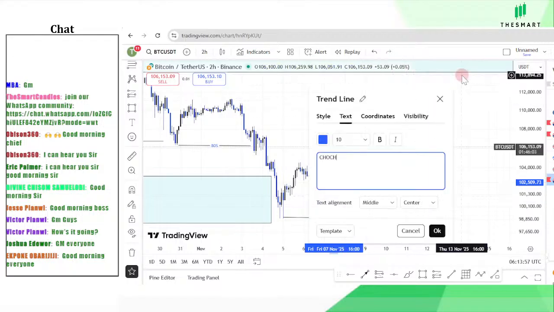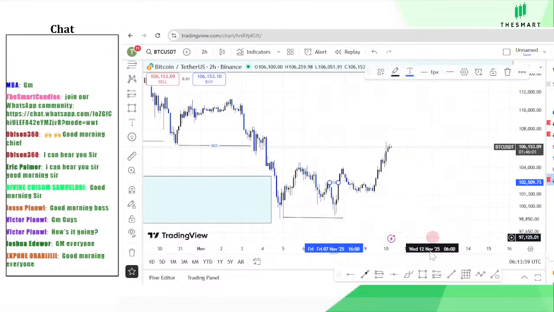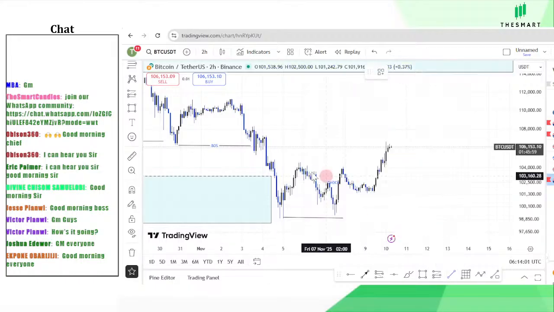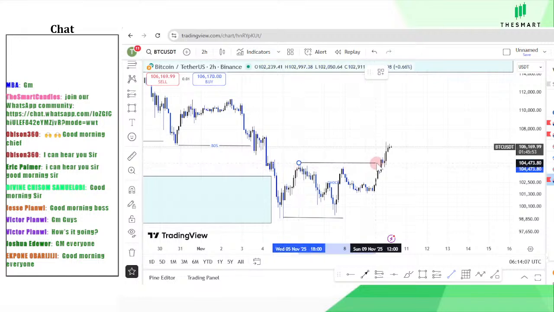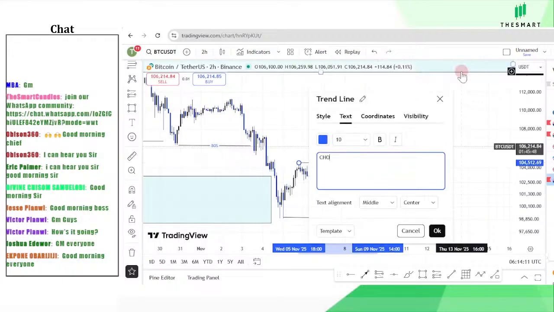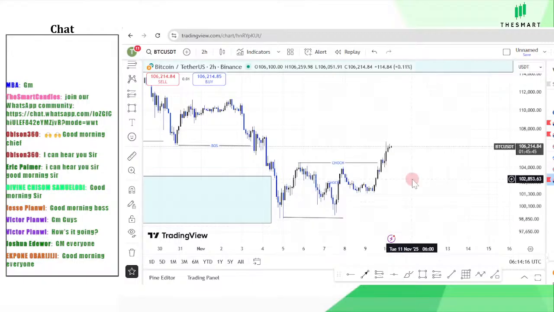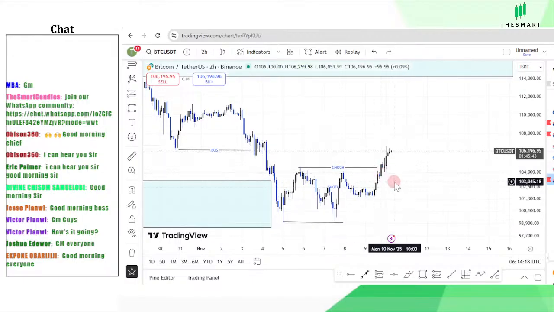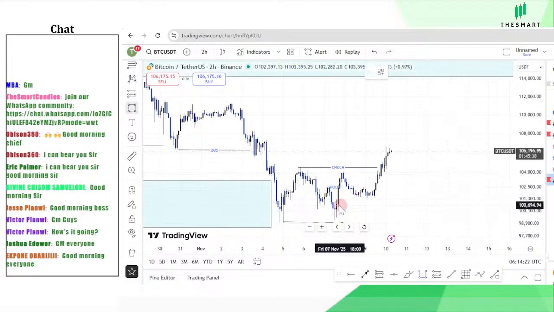And externally, this was what? The last high. So this was where we had the overall change of character, which tells you that price has finally broken out of the external high. So we have this change of character, and having this change of character, we have this demand.